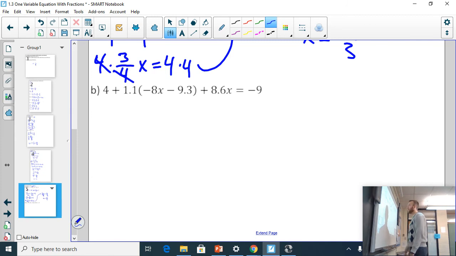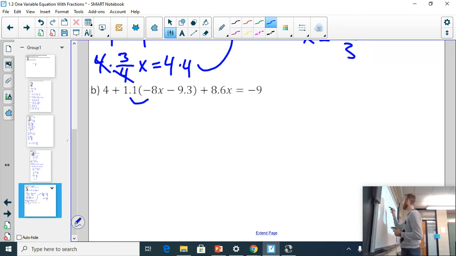And lastly, now it's kind of the same thing, except we just have decimals, right? So let's just do what we know. 4 plus, we're going to have to do 1.1 times negative 8. And that'll be negative 8.8, right?